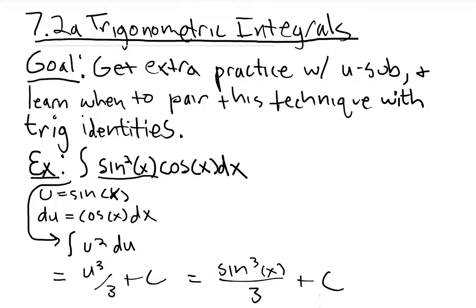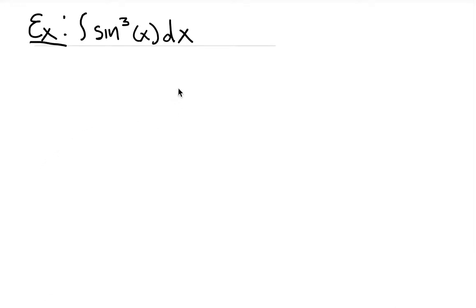Now, where do these identities come in? Sometimes your compositions end up being kind of a pain in the butt, okay? Case in point, this next example: I'm integrating sine cubed of x. I do still have a composition floating around here, but if I tried to make u like I did in the last problem, we get an issue because there's not really any leftovers here for me to substitute my du into.